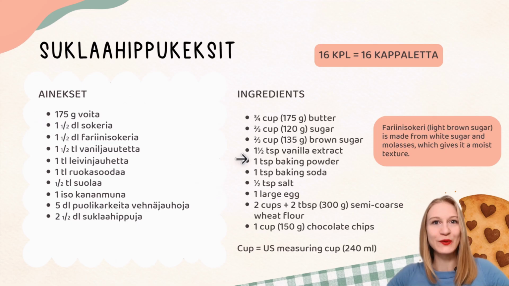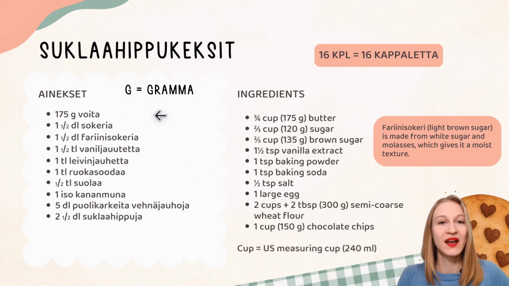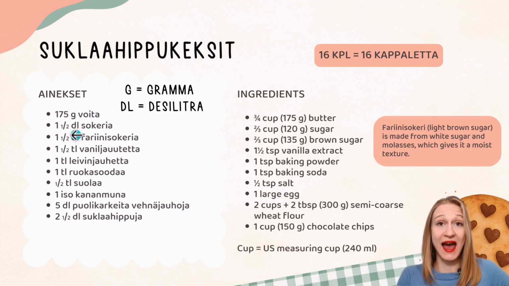Well, in Finland, we generally use deciliters and grams when we are talking about recipes. So here, when you see G, it means gramma. DL means decilitra, meaning deciliter.